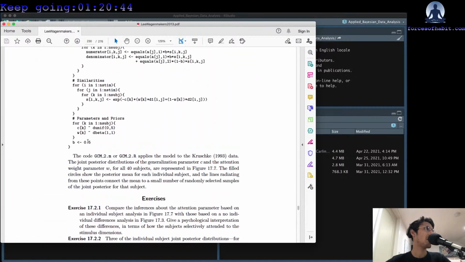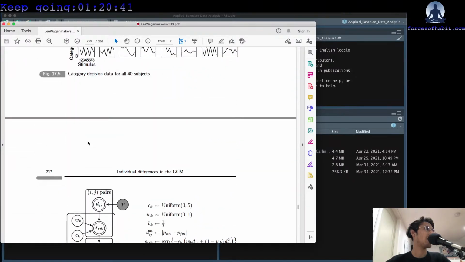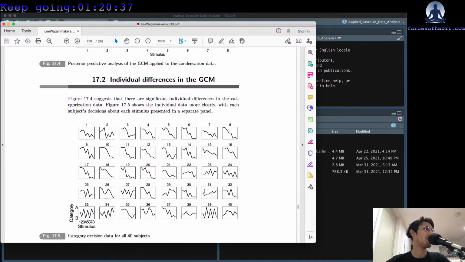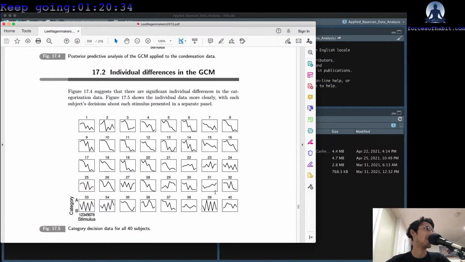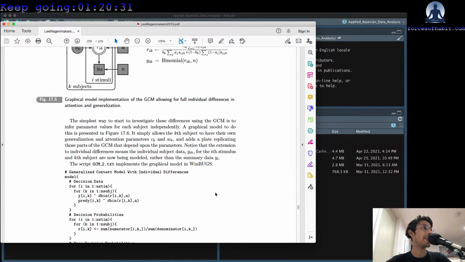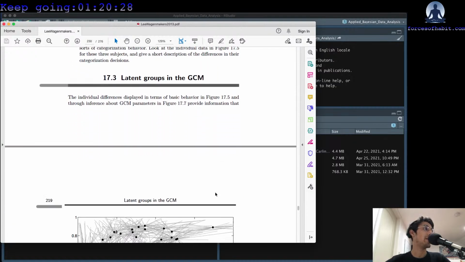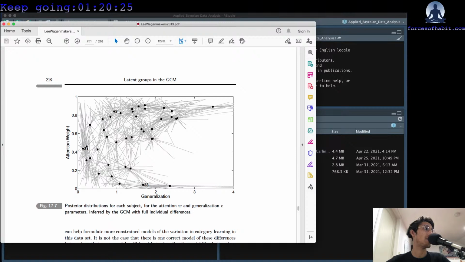In fact, if I'm not mistaken, 31 sort of represented not really understanding the task, which in itself is a category and would be useful and interesting if we could identify subjects who seem to not understand the task instructions, given the pattern of categorizations that these subjects show here in the low generalization, middle attentional weight between the two features in the stimuli.